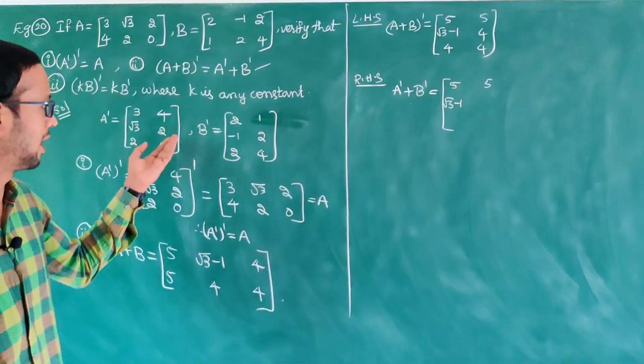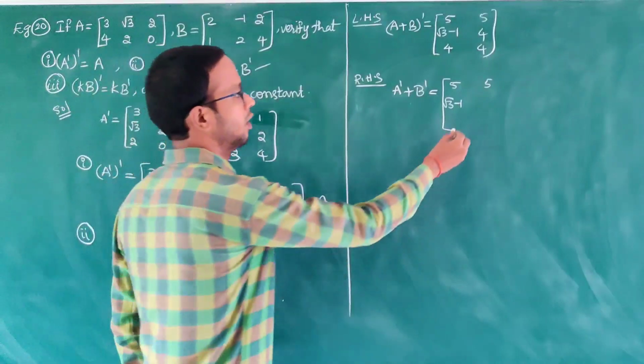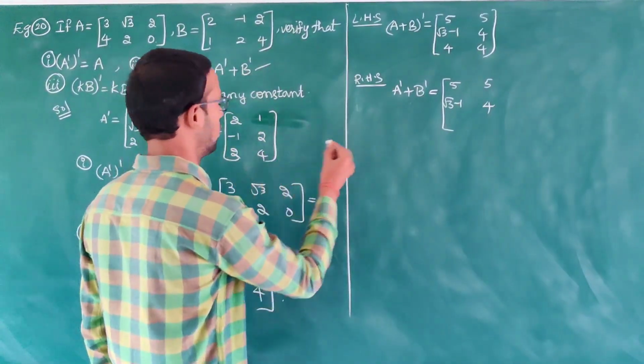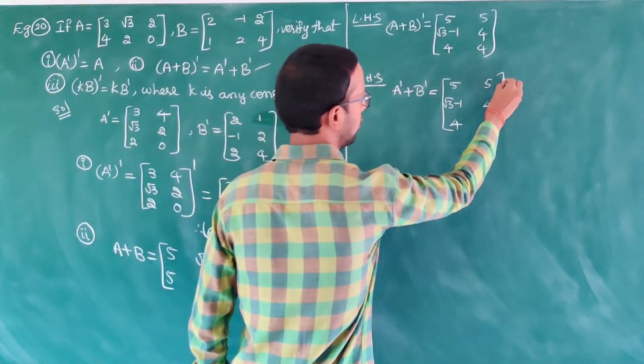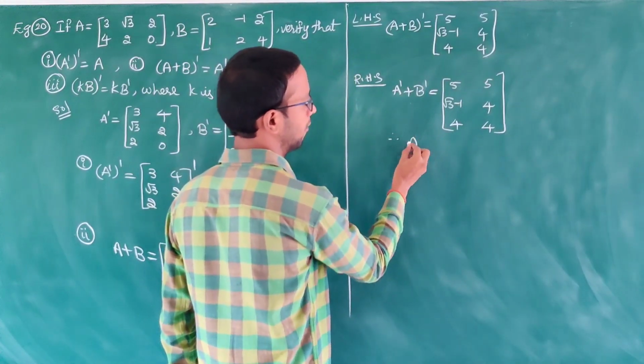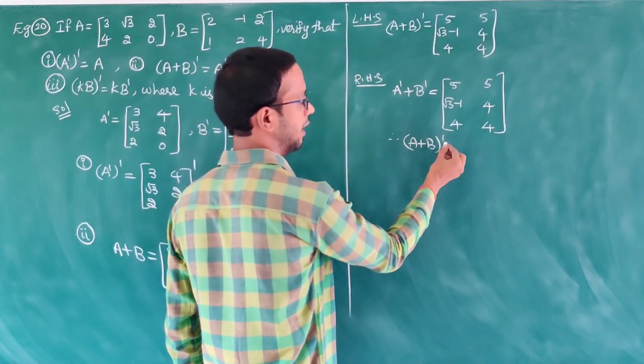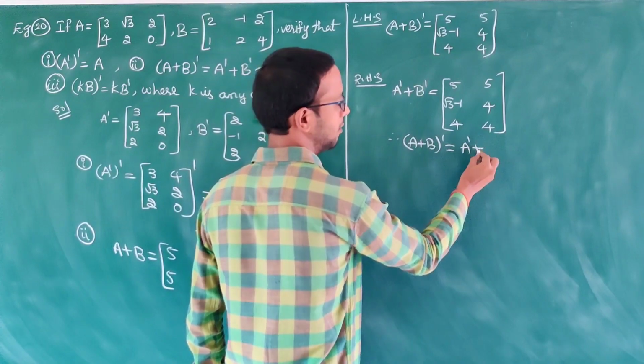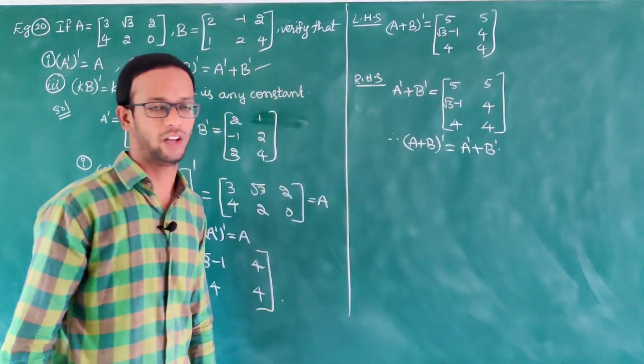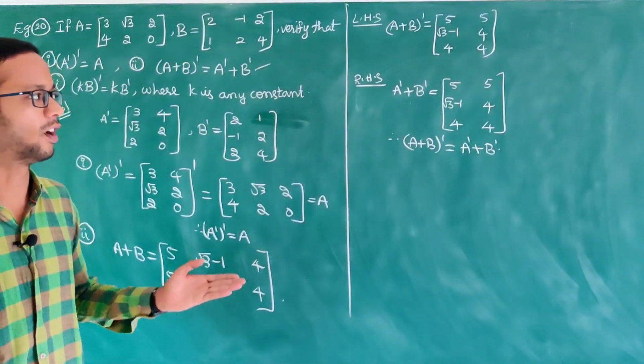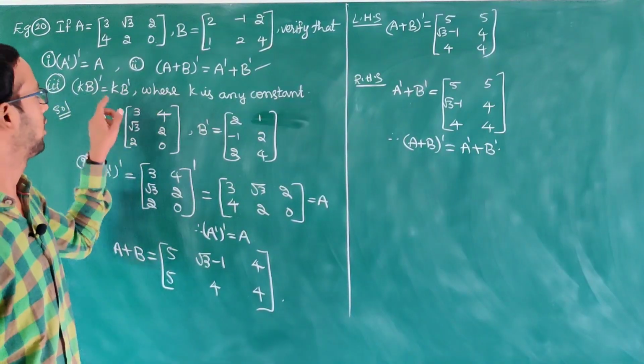Why? Because plus into minus. 2 plus 2 is 4. Next, 2 plus 2 is 4, 0 plus 4 is 4. Therefore, from the above we can write (A + B)' equals A' + B'. Hence proved this one also. Second one also completed. Next, the third one.